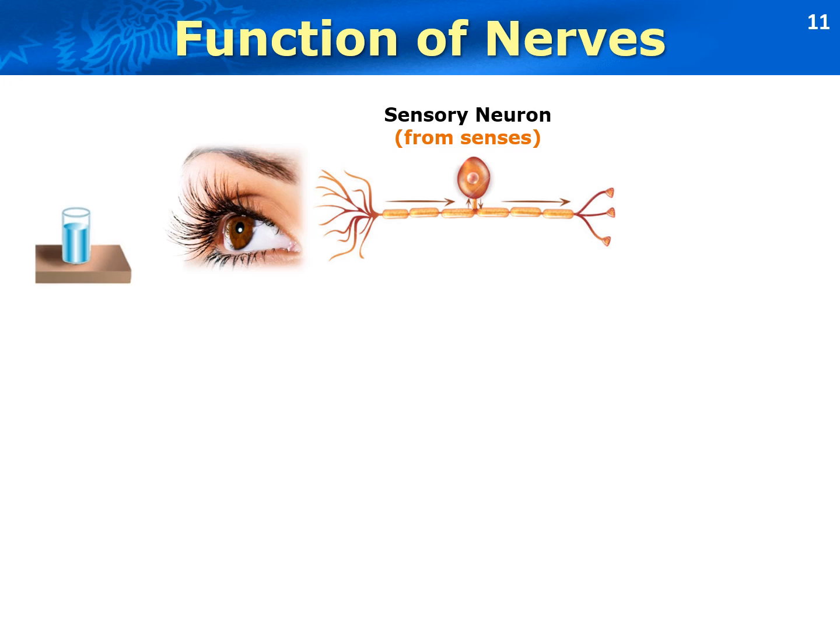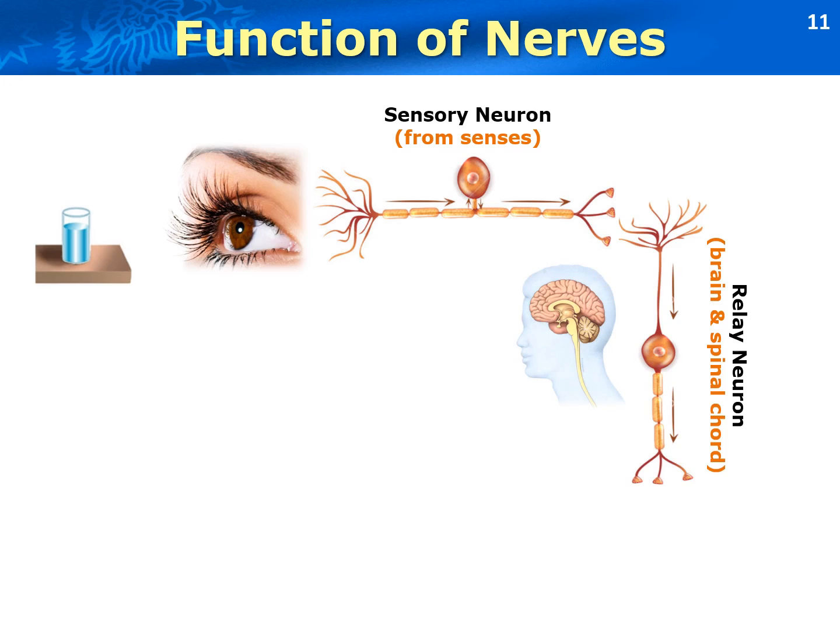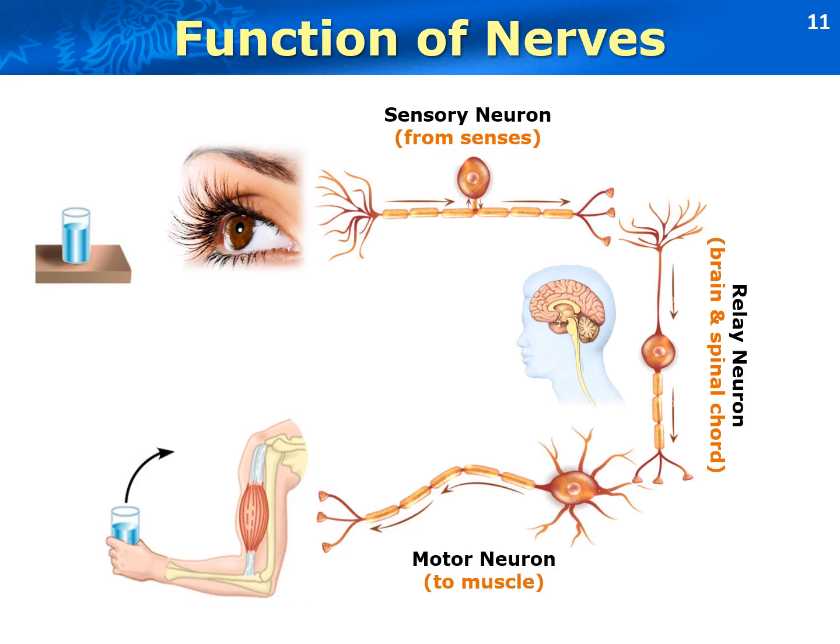Then, relay neurons transmit the information within the brain and spinal cord. Lastly, the motor neurons allow the brain to control our muscle movements, and we take this cup of water.